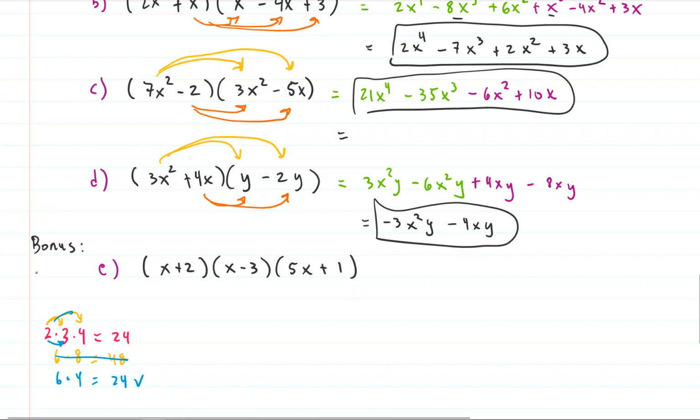That's really what we're doing. This is just the same as saying this is 2, this is 3, and this is 4. We're going to combine these two first. The first and the second polynomial, we'll do that multiplication. And then when we're done, we'll have a new polynomial that will multiply by the third polynomial.